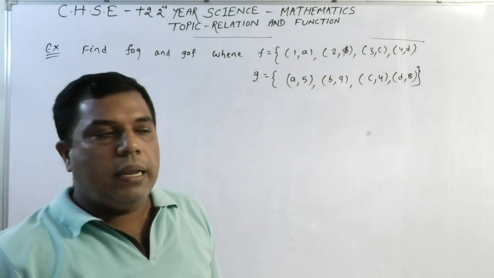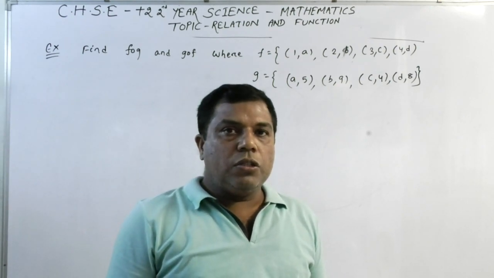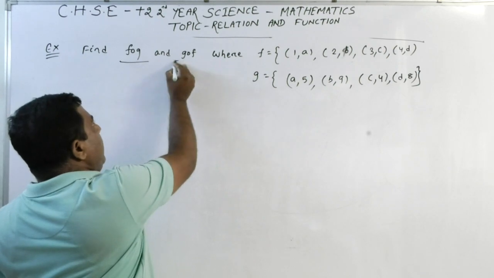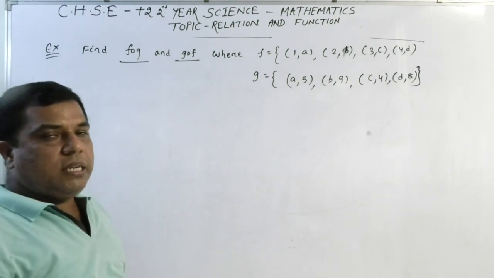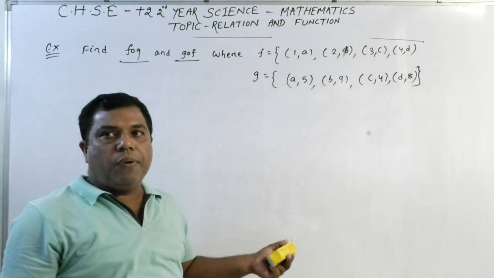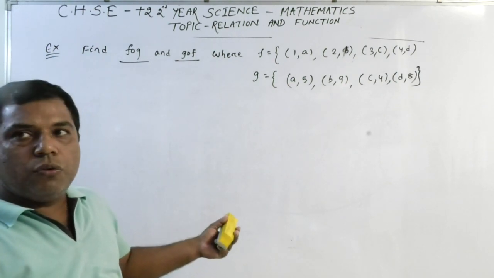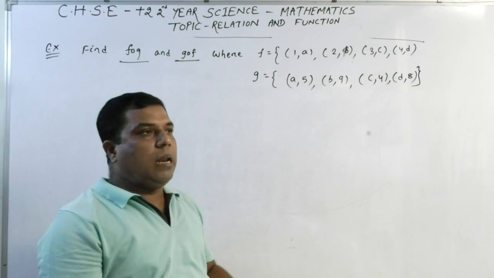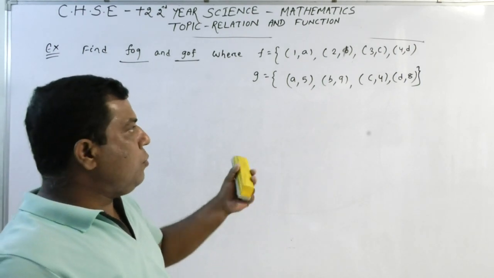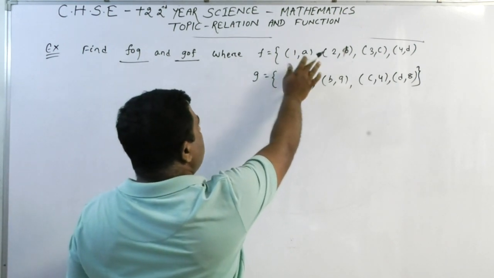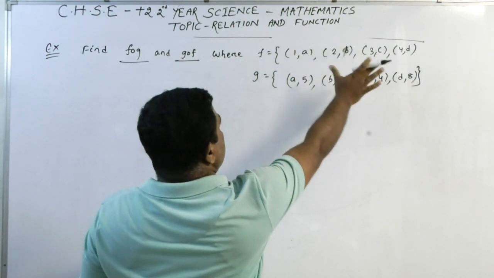F is defined and g is defined. So we have to evaluate fog and gof. Let us see whether we are able to find fog and gof in these cases. So let us go with some pictorial mode. It will clarify to a great extent. Okay. So you see f contains this type of pairs.